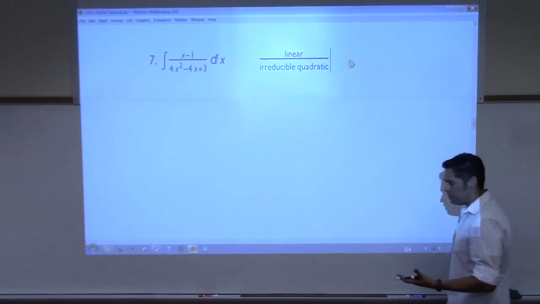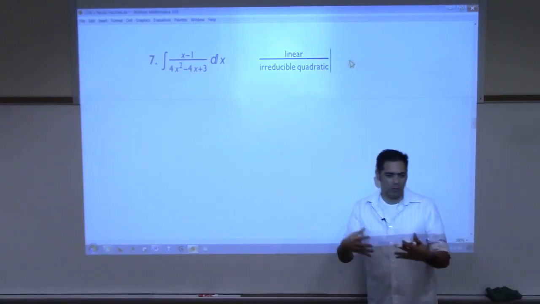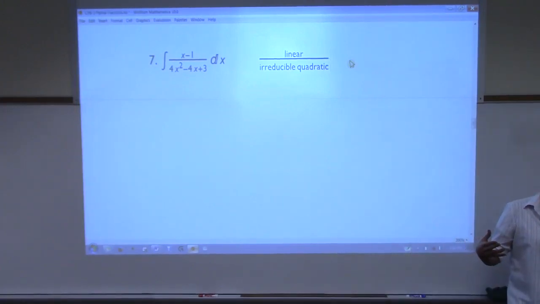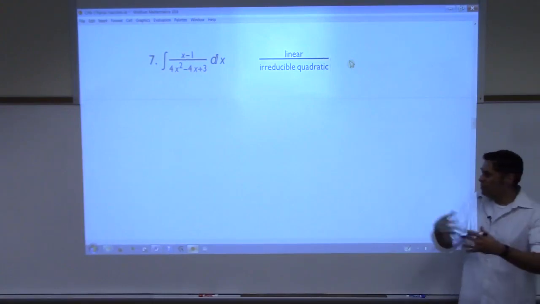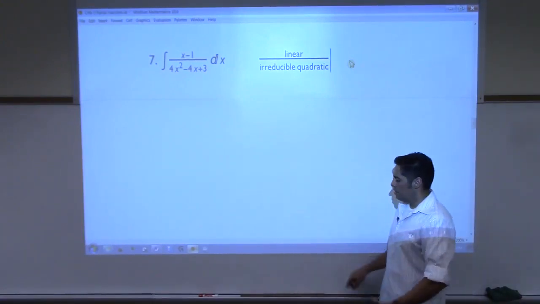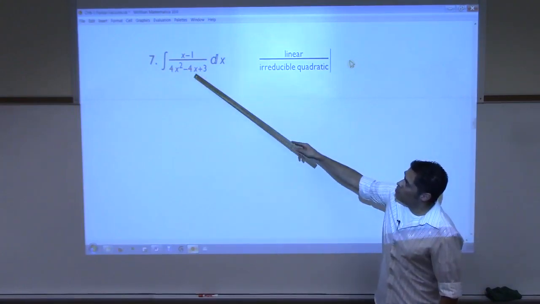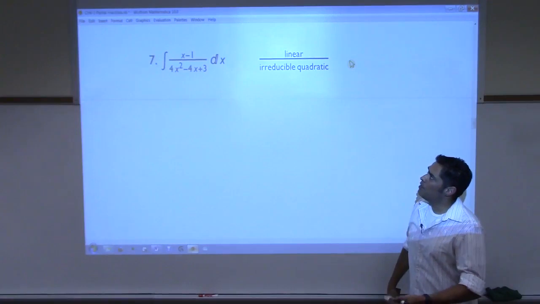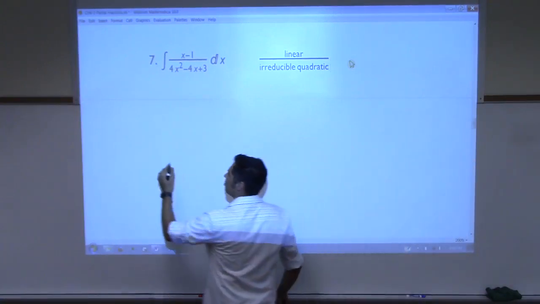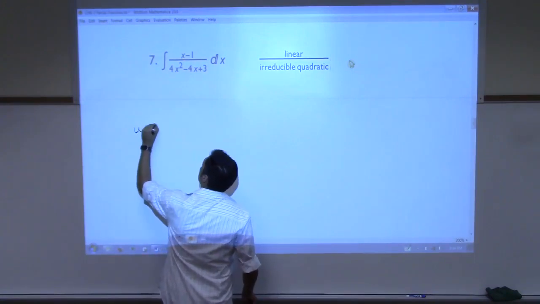Back in Cal 1, we knew that if you have a quadratic and you take its derivative, that's linear, right? So if you start out with something with x squared and you take its derivative, that's guaranteed to have an x in it. So we have linear over quadratic. So if I let u be the denominator, my numerator is linear. So maybe this is just a basic u substitution.